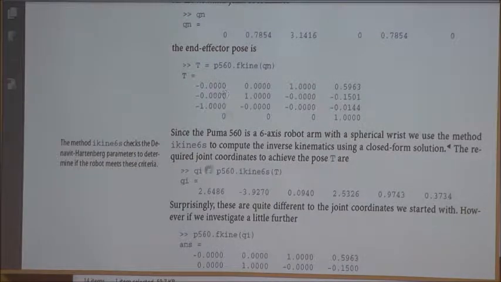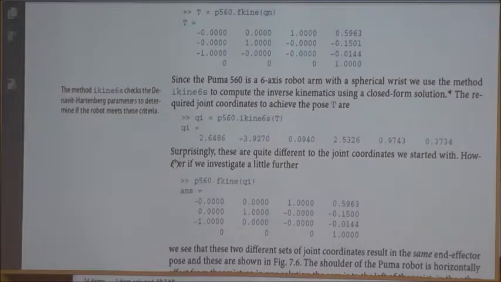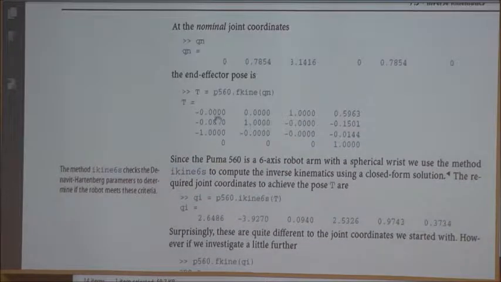So the key for this particular inverse kinematic is IKINE6S, one of them. So you have here q is p560.ikine and T, where T is basically the pose of the robot.